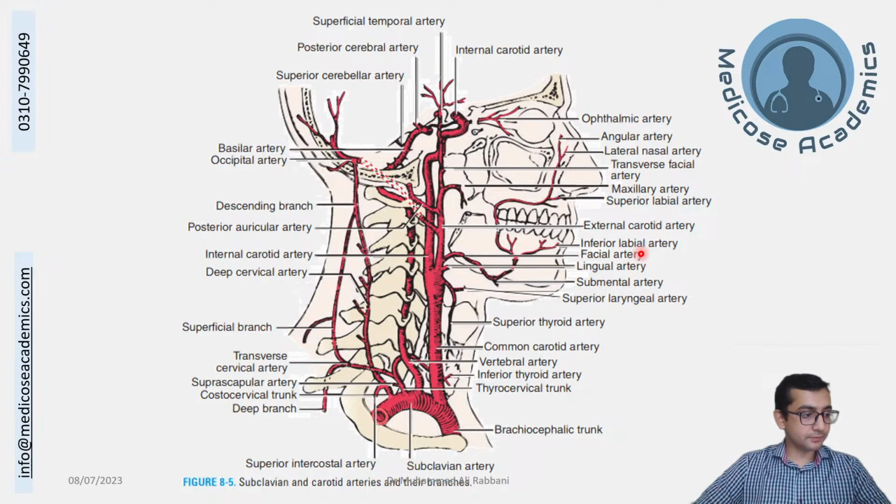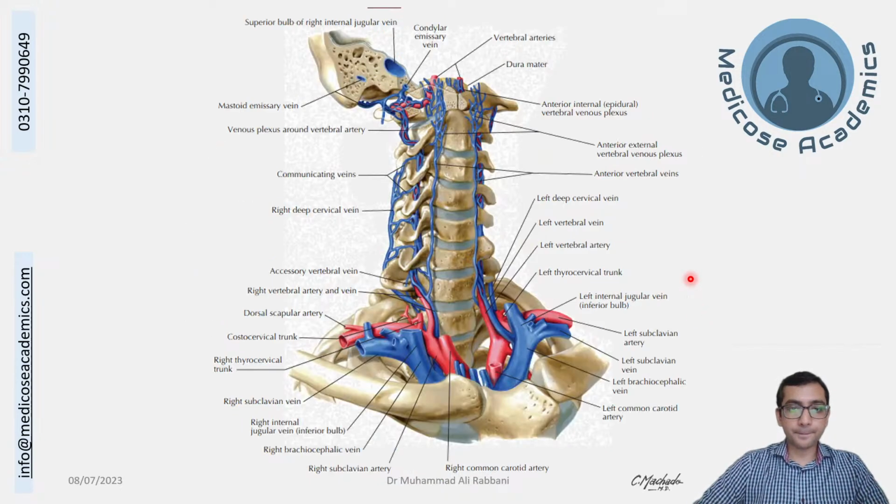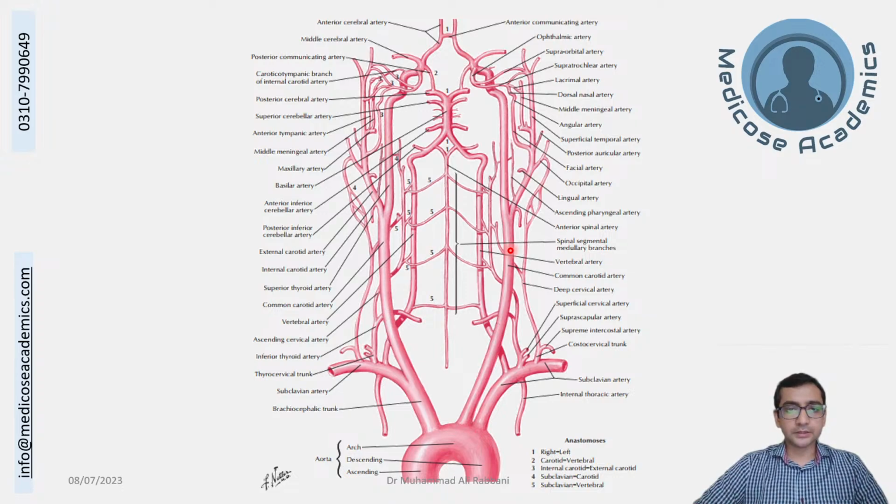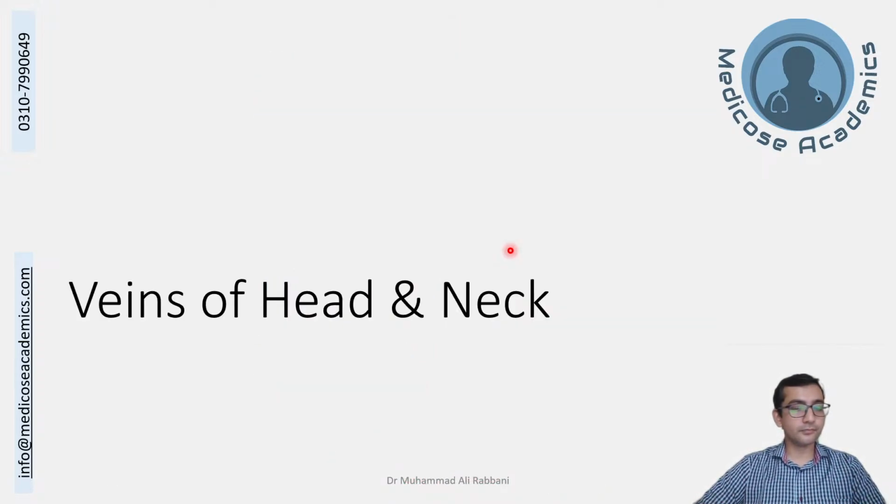Here is a picture that is summarizing all of these things, the relation of the vertebral artery and all that. There's a latest picture that gives all the branching arterial tree.